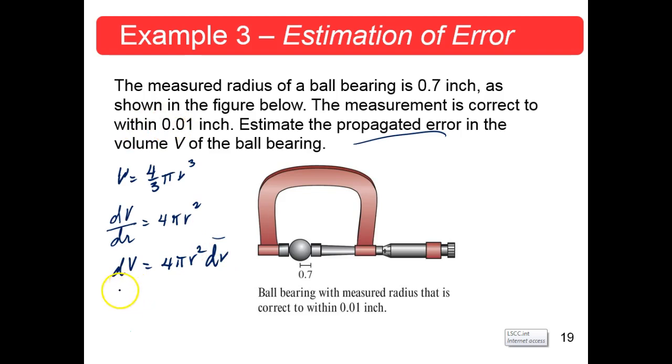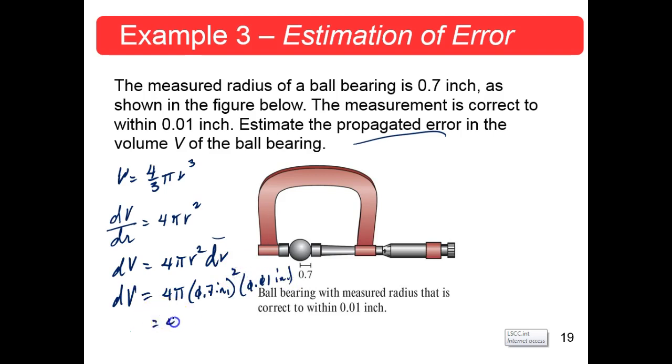Okay? So this will be dV is equal to 4 pi times the measured radius, 0.7 inches, times your possible measurement error, 0.01 inch. Okay? Oops. I didn't square. Sorry.